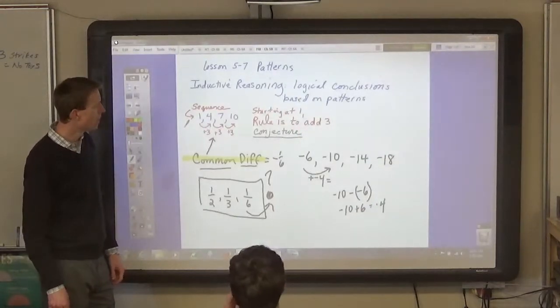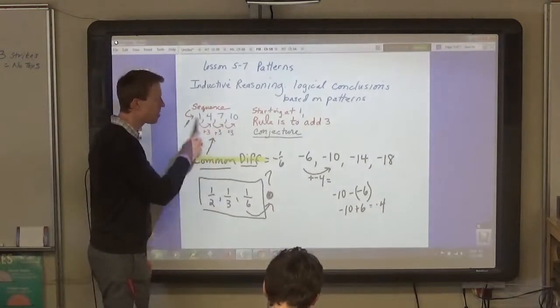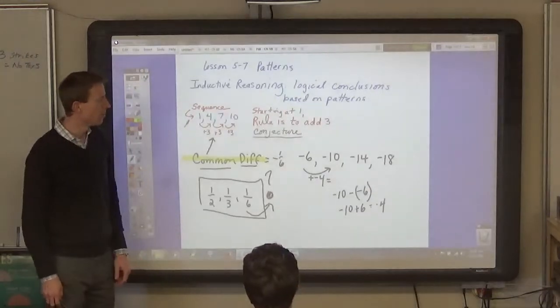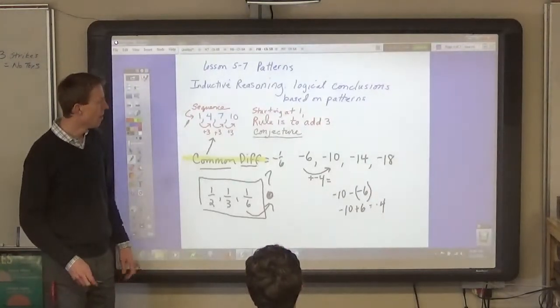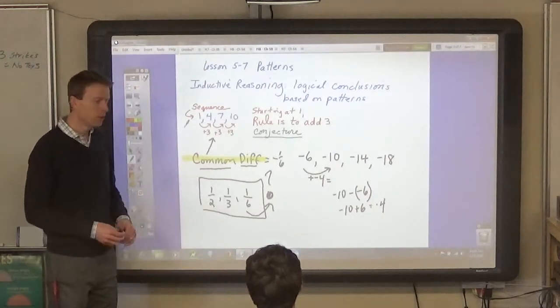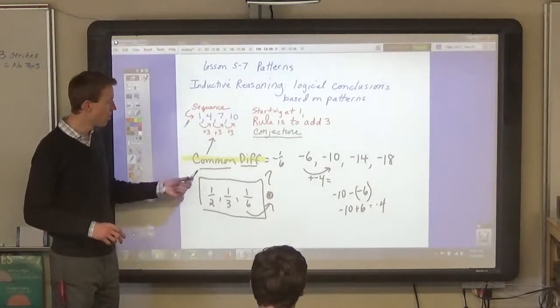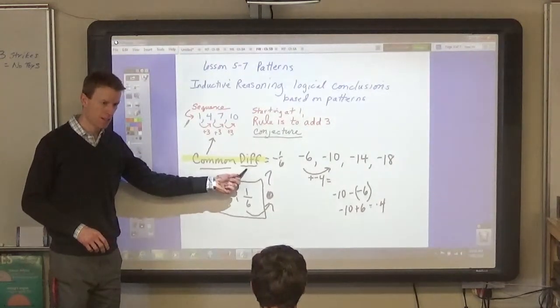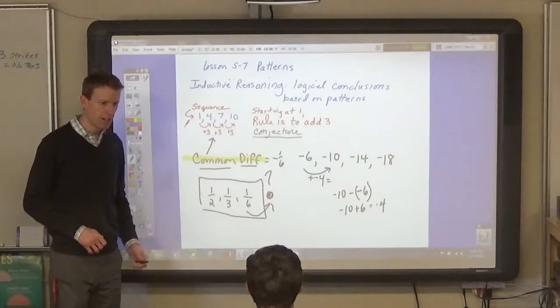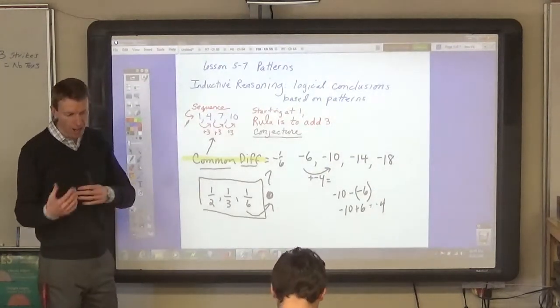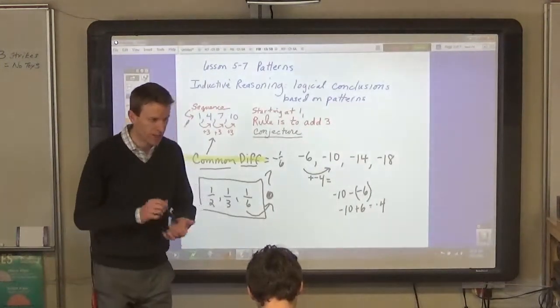So, what you're trying to find when you have a number sequence is the pattern. One thing that helps you to find the pattern is to find what's called the common difference. What do you think common difference refers to?